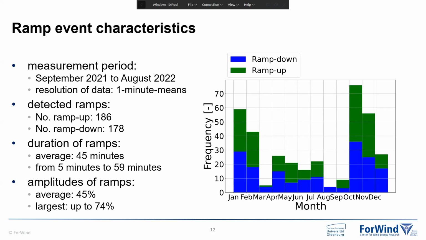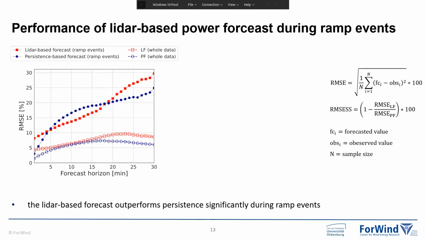But what we're really interested in is how we performed with our forecasting during these events. And now we will see some graphs, and we will always have the LiDAR-based forecast here in red and the persistence as comparison in blue.